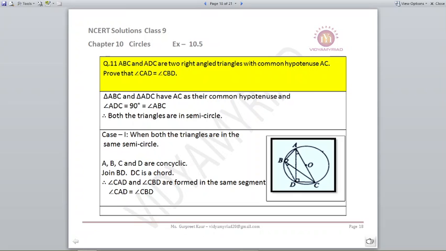If you look over the figure, ABCD formed here is concyclic. You need to join BD as a construction part, and DC is your common chord. If you take DC as a chord, the angles formed on DC will be angle CAD and angle CBD. They both will be equal because they both lie on the same segment. So we can say that angle CAD is equal to angle CBD.